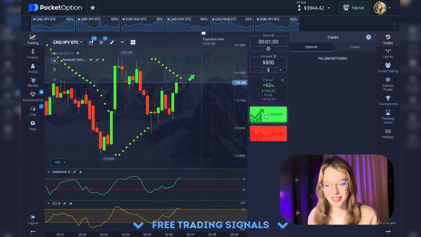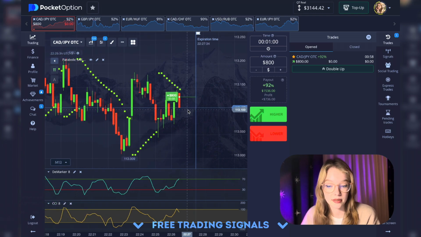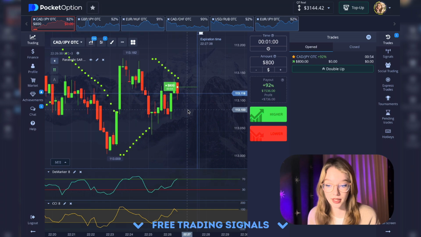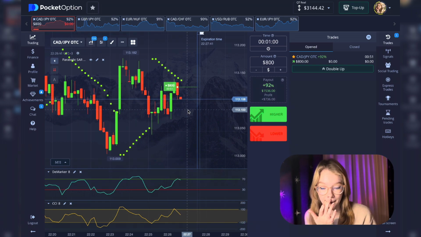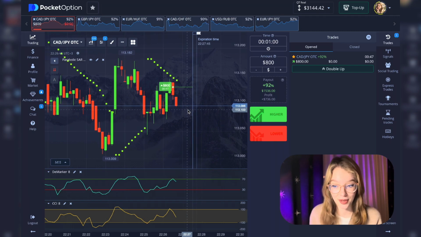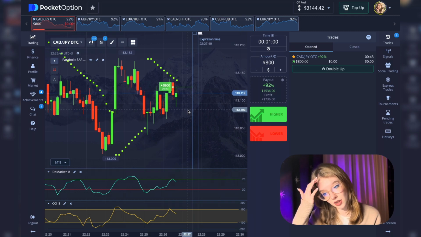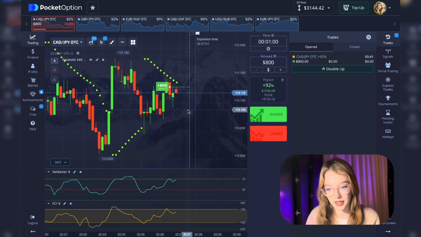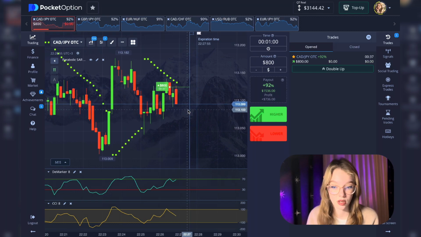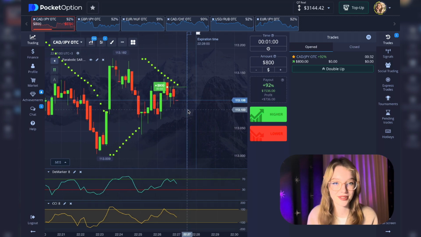I again decided to open a trade on the first pair on my list because it got very close to the parabolic indicator line, and at the moment the other indicators were pointing upwards. So I think the market is going to turn bullish soon. The trade is back at $800.